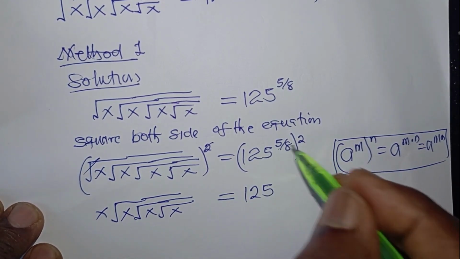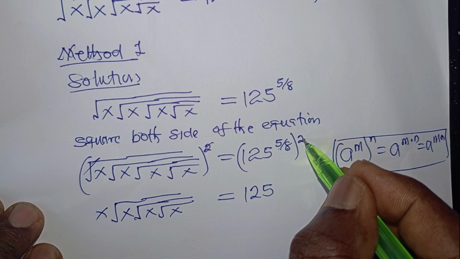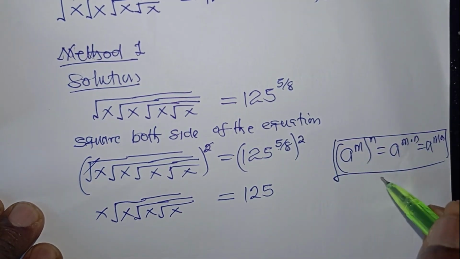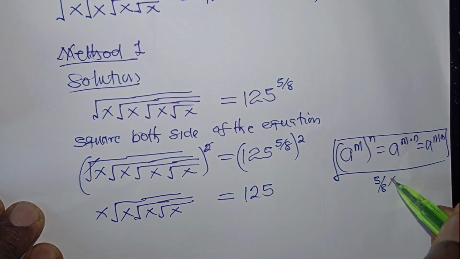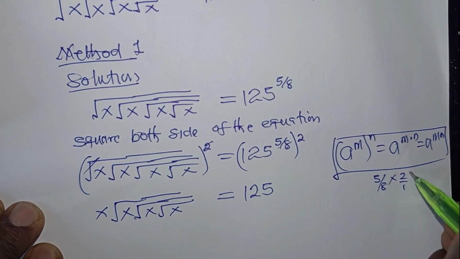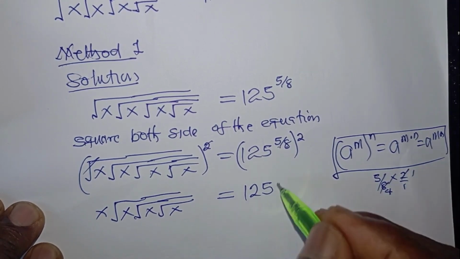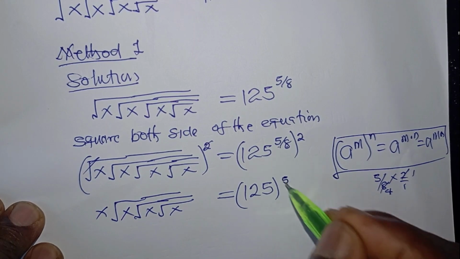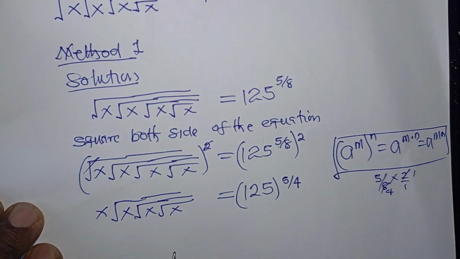Then we multiply the exponent: 5 over 8 times 2 will give us 5 over 4.